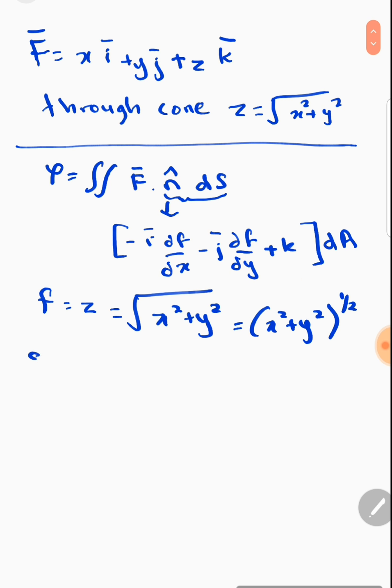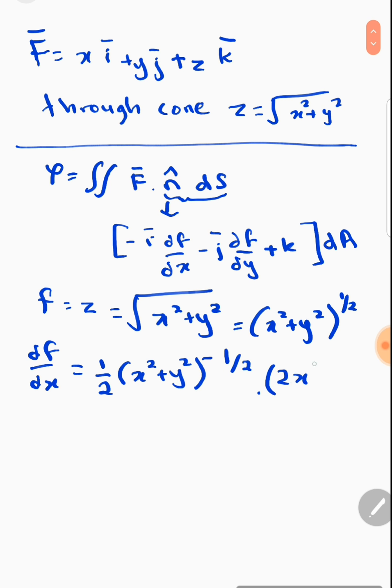So let's get started. First, I want to get my df over dx. The partial derivative of this gives me half times x squared plus y squared to the power of negative half, multiplied by the differentiation of the expression inside, which is 2x. Upon simplification, this gives me x over the square root of x squared plus y squared.